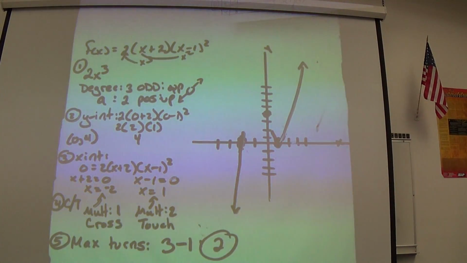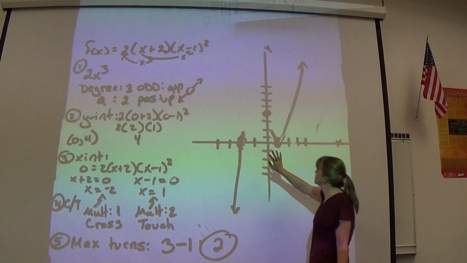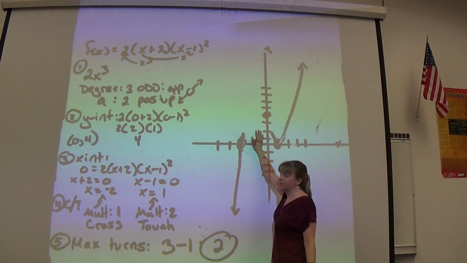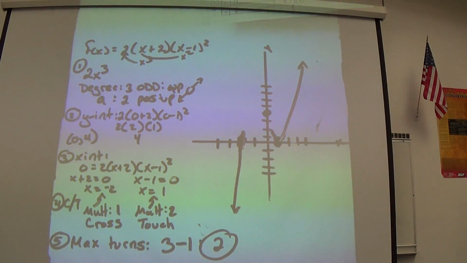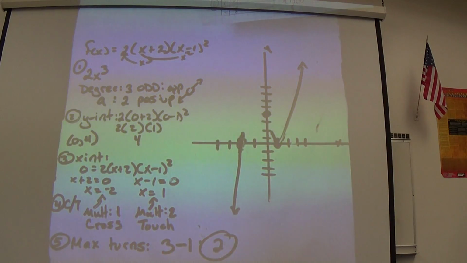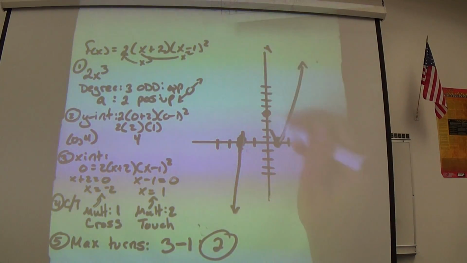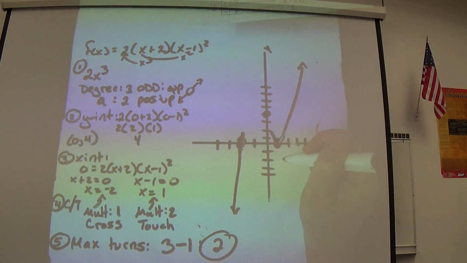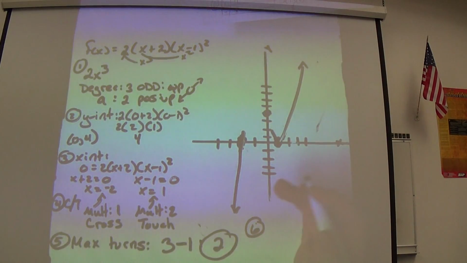Which means the only place that I don't know is this place right here, because I don't know how far up I go. I could just go as high as the y-intercept and come back, or I could sort of skyrocket and then come back down. I don't know.